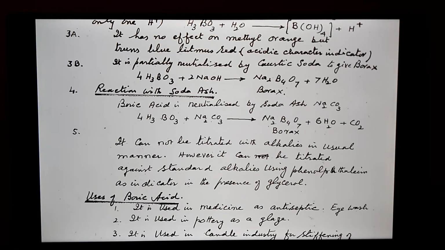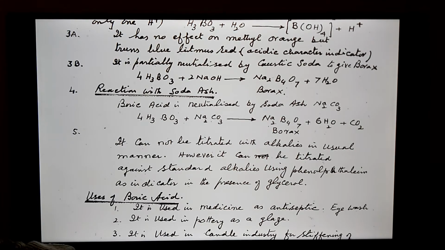Uses of boric acid. Number one, it is used in medicine as an antiseptic and eye wash. Antiseptic means which kills germs. Number two, it is used in pottery as a glaze. The earthenware vessels which are to be given a slippery touch or glaze, there it can be used to make the pottery slippery or non-absorbent for water and other liquids.